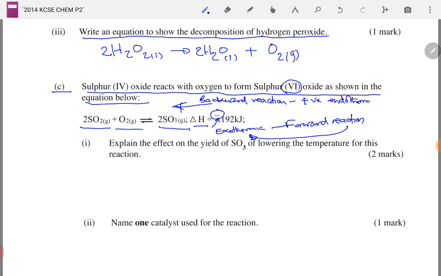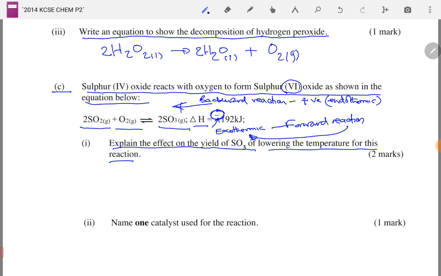That is how we do it. If forward is exothermic as indicated by the negative, then the backward is endothermic. Explain the effect on yield of sulfur 6 oxide of lowering temperature for this reaction.